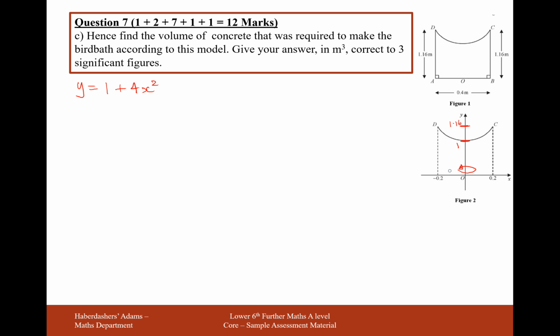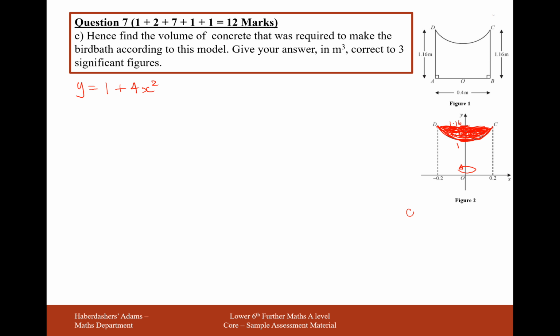And seeing as we're revolving around the y-axis, we're going to be using this curved line here, which means that when this revolves around the y-axis, actually what we're going to be working out is all of this volume here. So that's not much use to us. In fact, the inverse of this is useful to us.